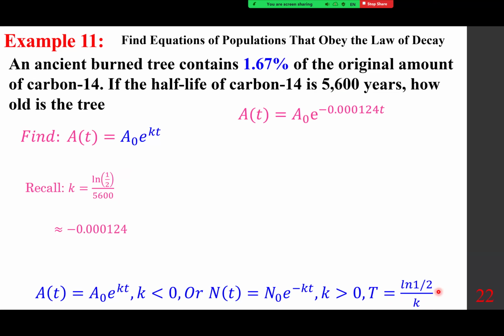So with that being the case, now 1.67% left. 1.67%, you move the decimal to the left by 2, becomes 0.0167 A sub 0. I hope you understand this number is this one, this much of the original. So you can drop the A sub 0, everybody.